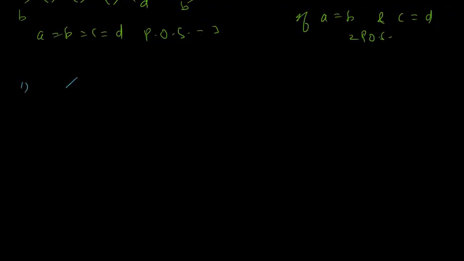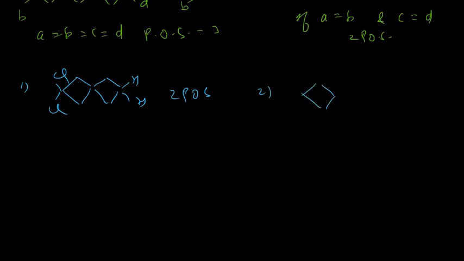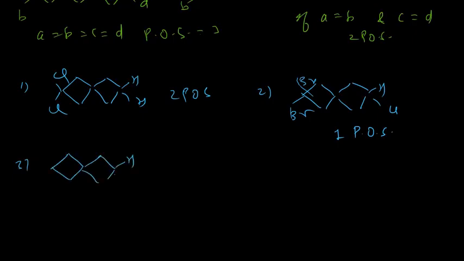Like first, one hydrogen, and we have chlorine and chlorine. It has 2 POS. Second, hydrogen, chlorine, bromine and bromine. It has 1 POS. Third, hydrogen, chlorine, bromine and hydrogen.